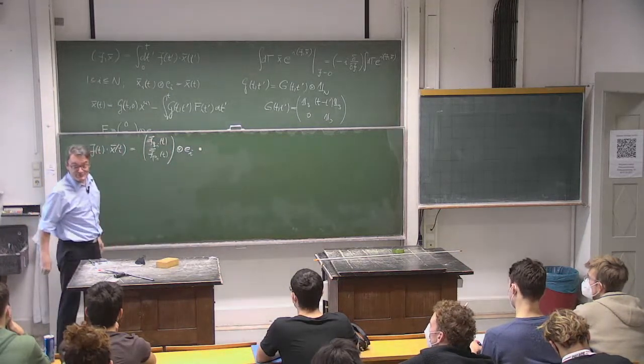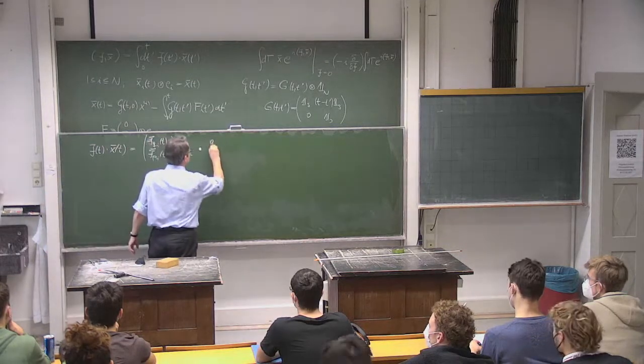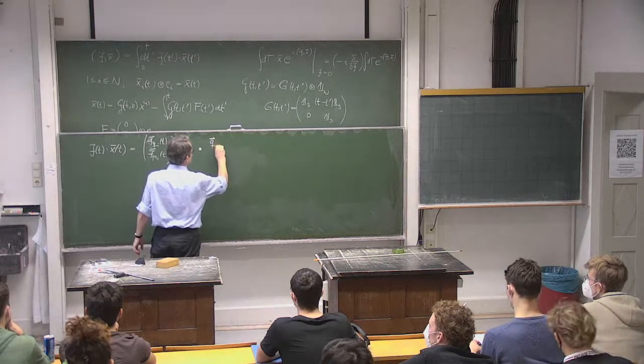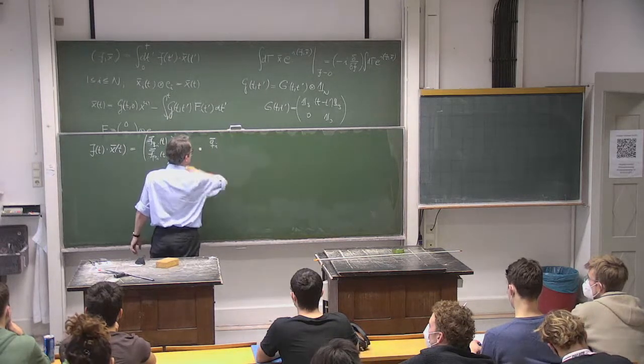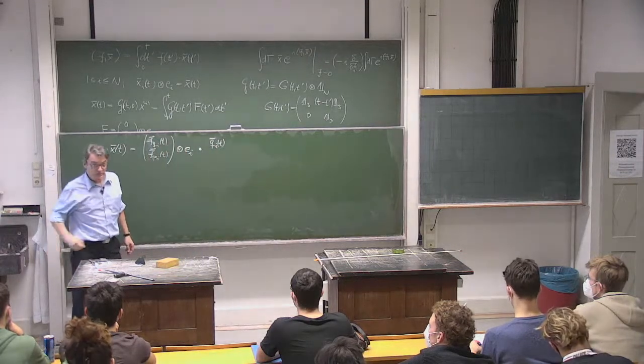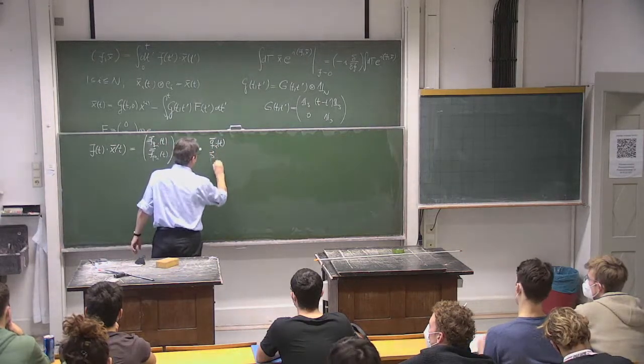And now I have to take the scalar product with x bar, the trajectory in configuration space of particle I, q bar, and p bar.